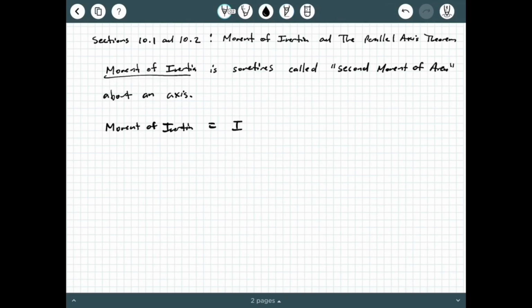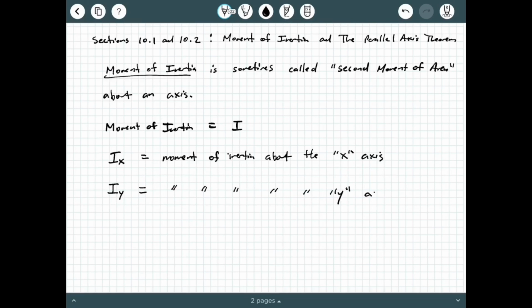So when we say I sub x, we call this the moment of inertia about the x axis. And then of course we have something called I sub y, which is the moment of inertia about the y axis.